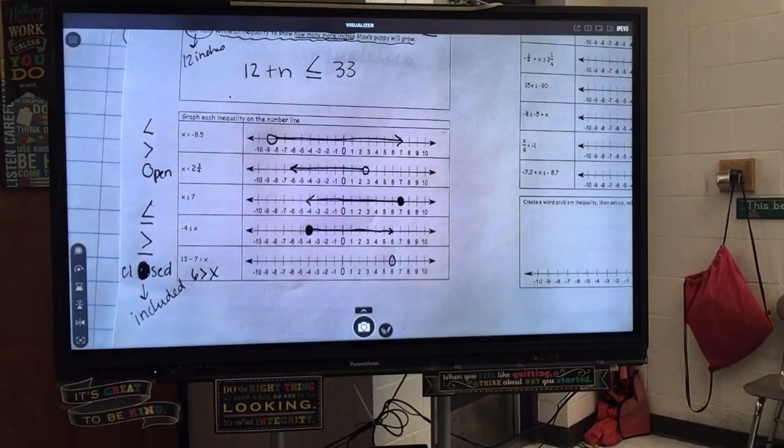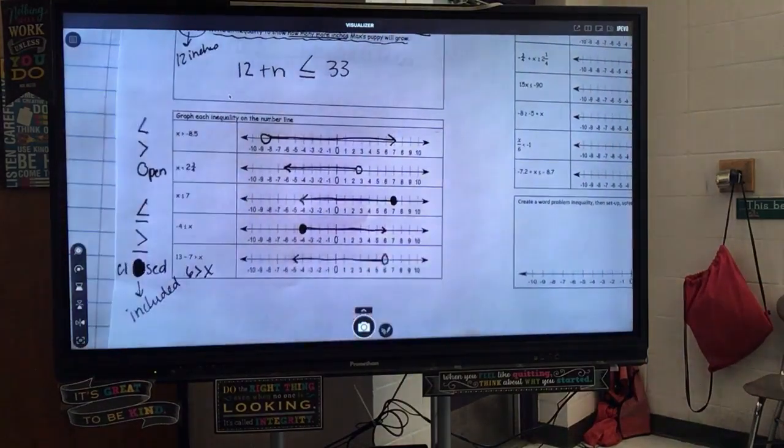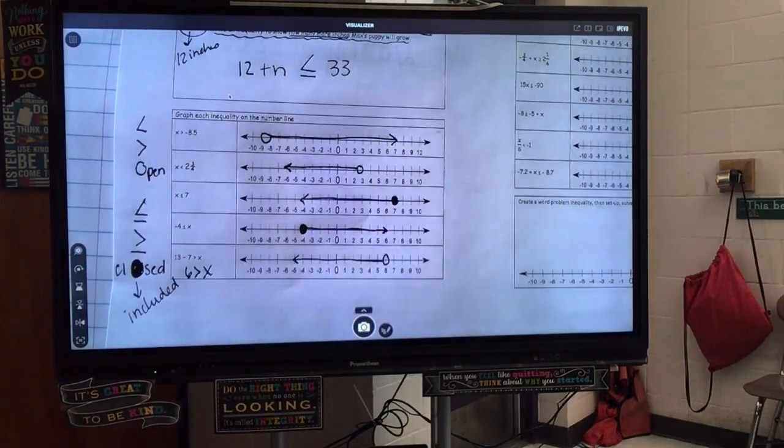Yep, that is true. So that is graphing. Questions about that one? When they're open, they're not, you don't include the number that's in your problem. When they're closed, you can include the number.